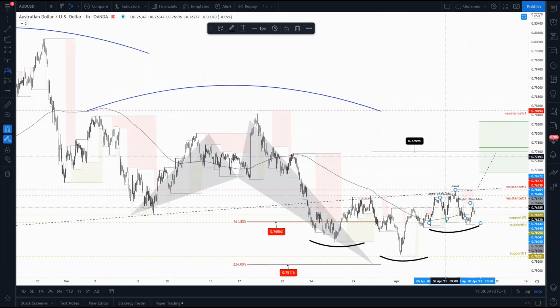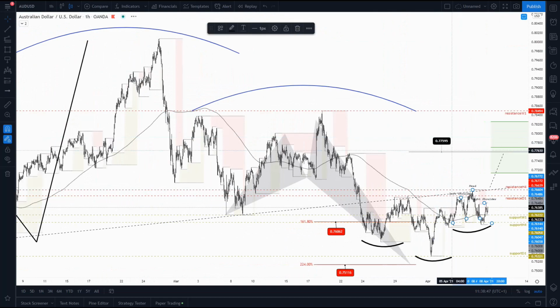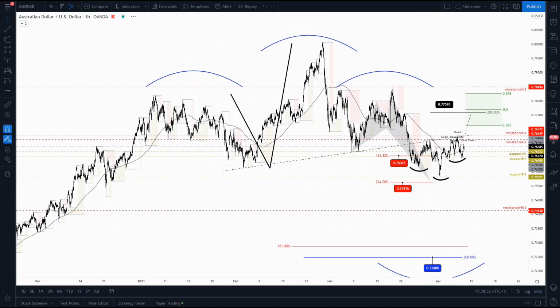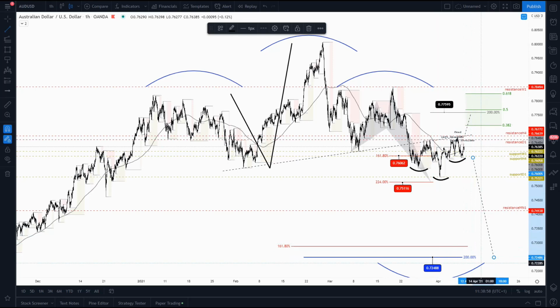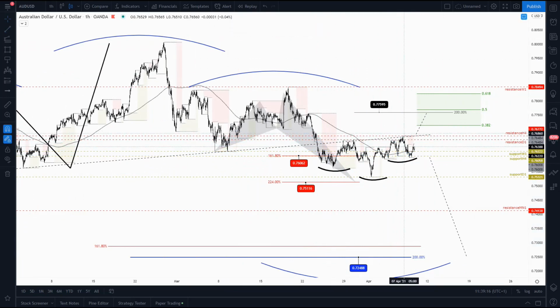So I prefer to wait for the violation of the previous structure highs, or the most recent ones, that should trigger the inverted head and shoulders, and that may invalidate the potential for more bearish momentum for the Australian dollar towards the 200% Fibonacci extension, as I shared before, because we're still trading below this ascending neck zone and the trend line support, in fact, and it has been used as an element of resistance, as we can see.